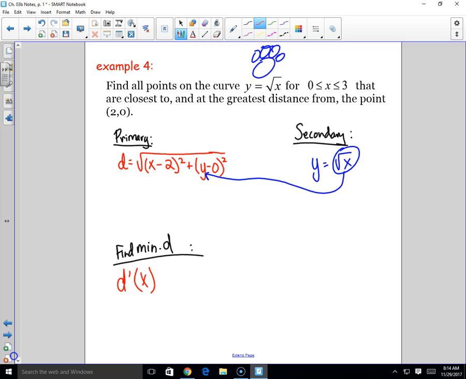Now I have the expression. Now remember, when we take derivatives, we want things simplified. I'm going to go ahead and FOIL out, don't kill a puppy, x minus 2 squared, which would be x squared minus 4x plus 4. I'm going to go ahead and plug in square root of x for y, the minus 0 just disappears.